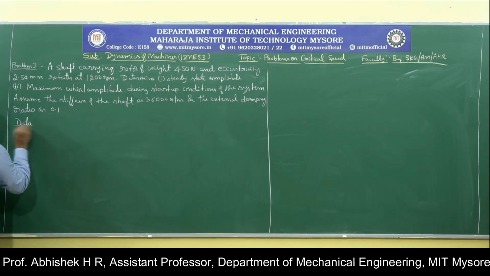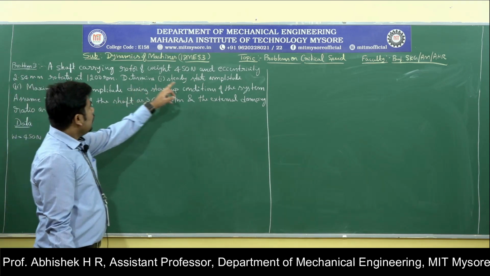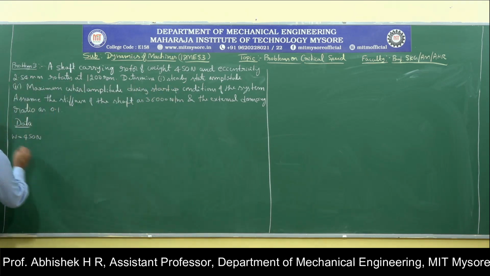From the problem we have the data. The weight of the rotor is given, W is equal to 450 Newton, and the eccentricity small e is 2.54 millimeter, so 2.54 into 10 to the power of minus 3 meter.